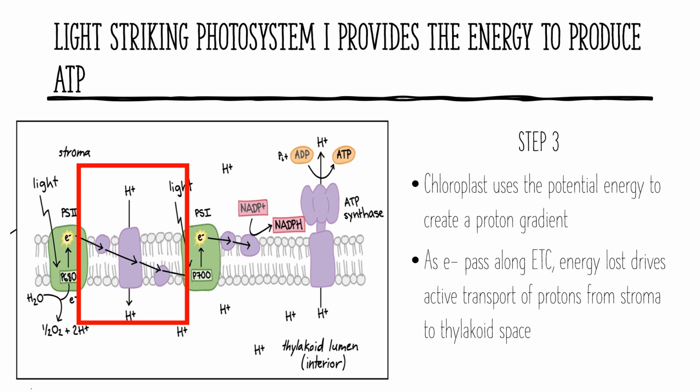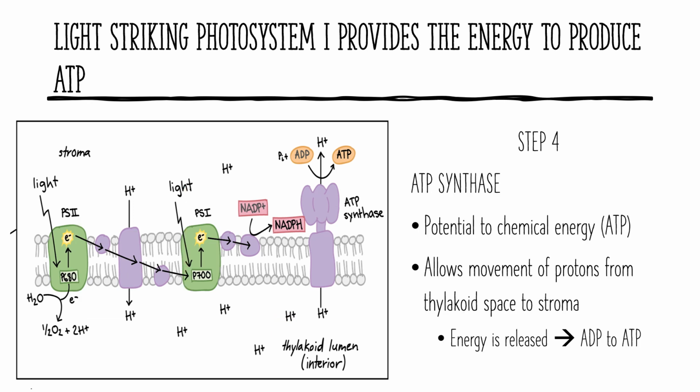In the boxed part, the arrows go down, which signifies that as the energy is transported from one carrier to another, the energy goes down. And as I mentioned earlier, the energy lost during that process drives the active transport of protons, which are found in the stroma, into the thylakoid space, or the thylakoid lumen.